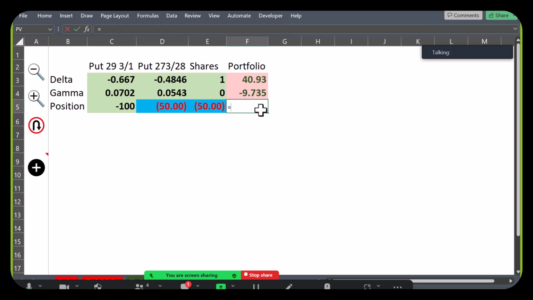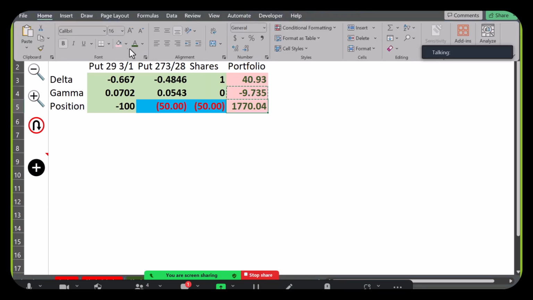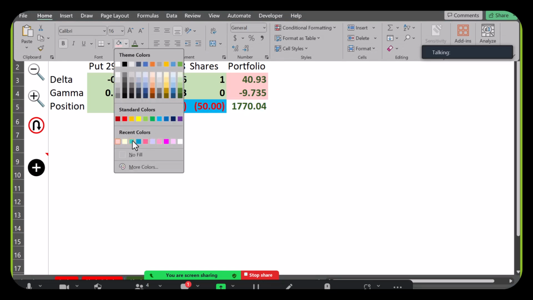I'm going to add that absolute value. Actually, I'm going to add the squares. And I'm going to make that red and white.